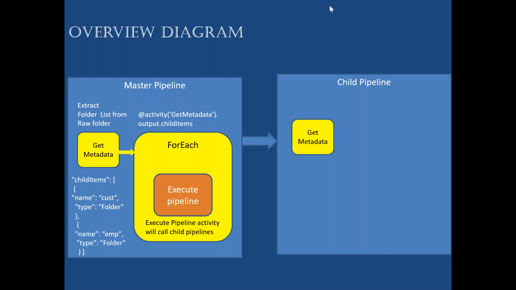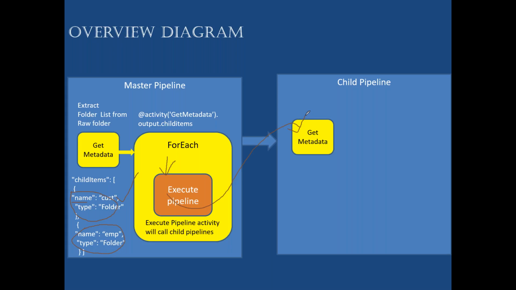Okay, for each is having this item, so what value will you pass to the sub pipeline? First time you will pass cust. How will you pass it? Item dot name. If you give this, cust will go and that value will be passed to the child pipeline.